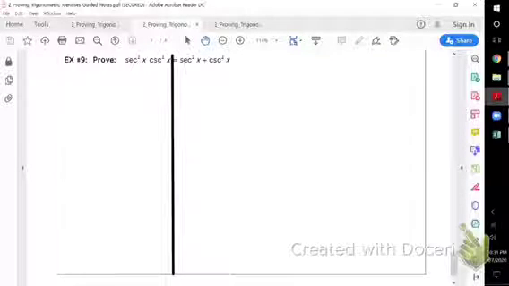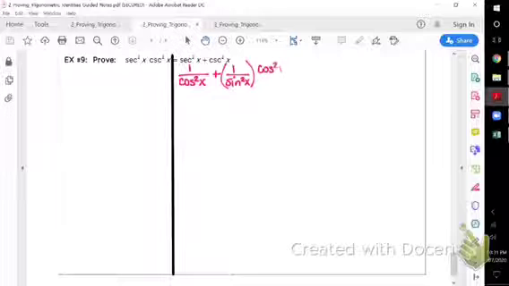So secant squared of x is what? 1 over cosine squared of x plus cosecant squared of x is 1 over sine squared of x. So we're going to multiply the second fraction by the first one's denominator, top and bottom of course, and the first fraction by the second one's denominator, top and bottom of course.